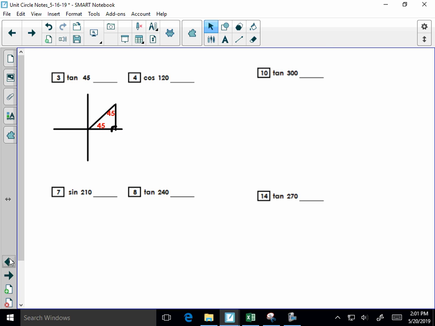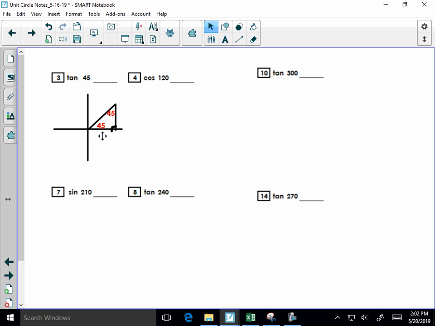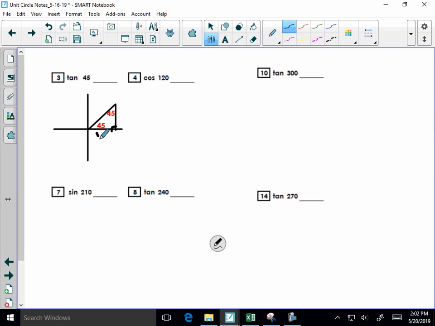Going back, if you forgot again from your notes, we know it's going to be square root of 2 in the x direction, square root of 2 in the y direction, and we already have the hypotenuse set at 1. So now we can write in square root of 2 over 2, and square root of 2 over 2 for the y.